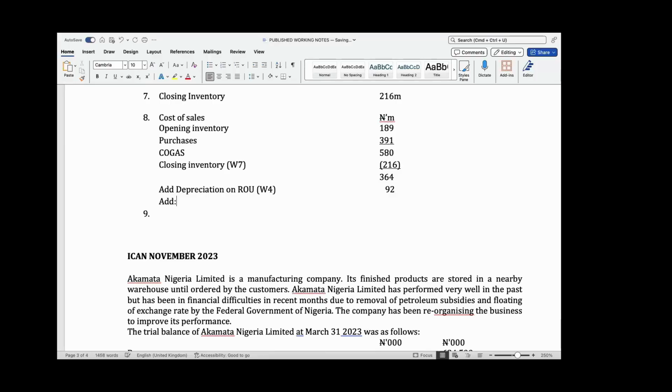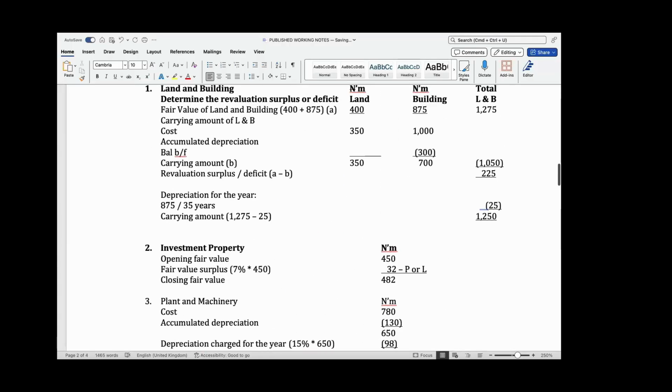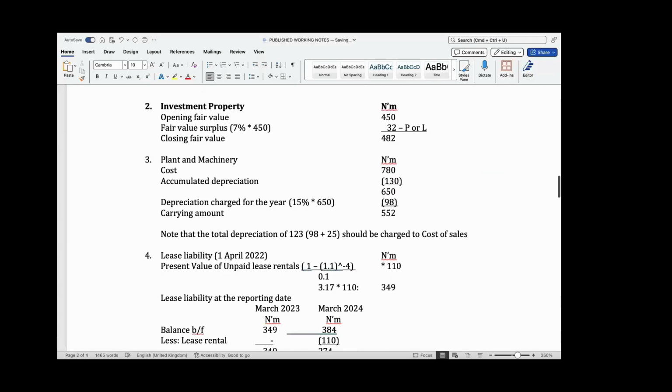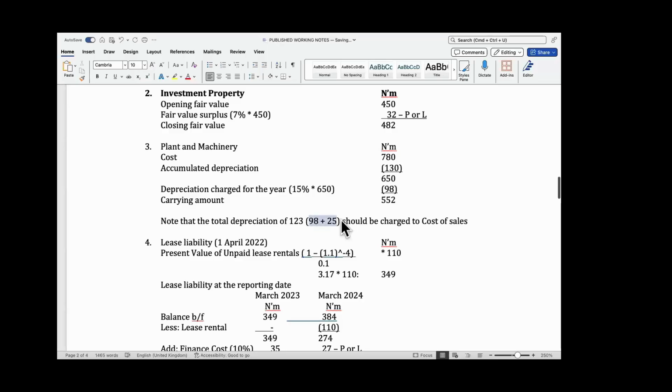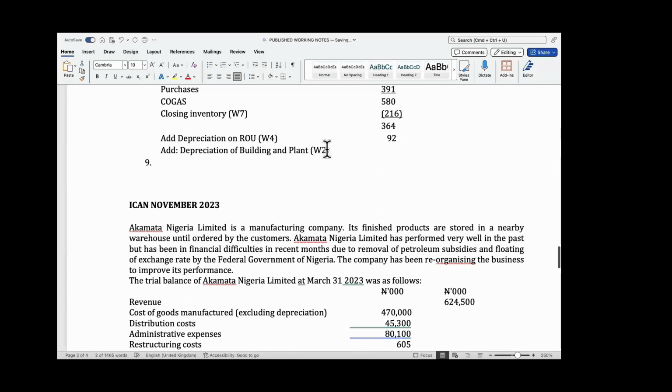Then you also add depreciation of building and plants from workings 3, 123.